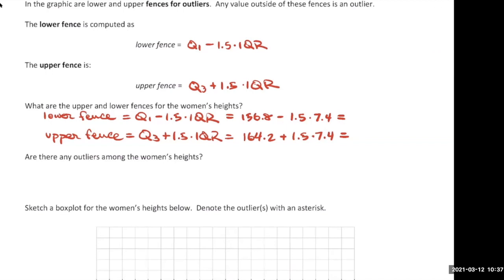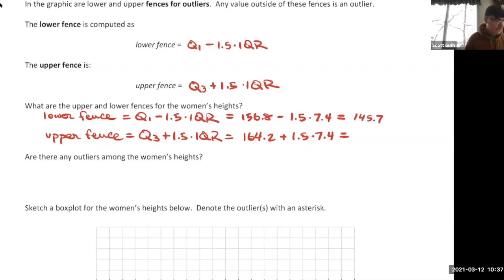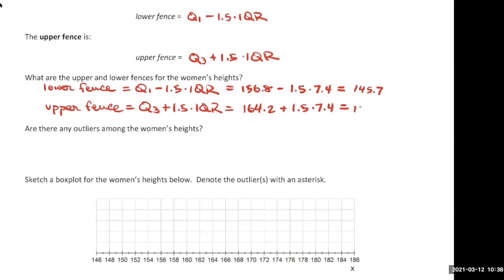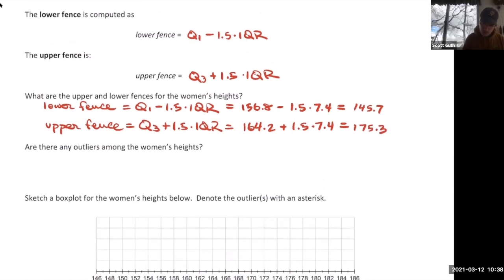For the lower fence, I got 145.7. Thank you. Anybody else get an upper fence? 175.3. Thank you. Okay, and then they use these to determine outliers.